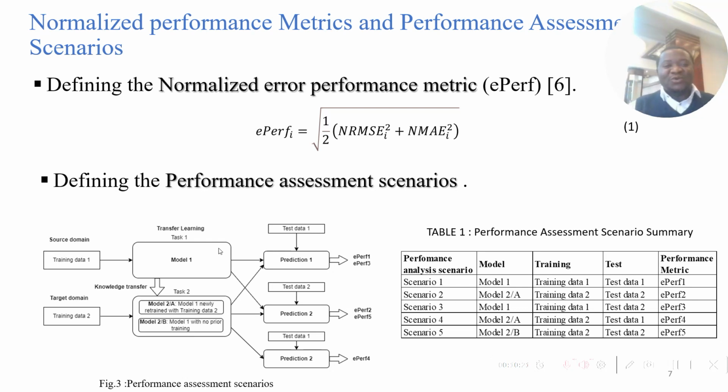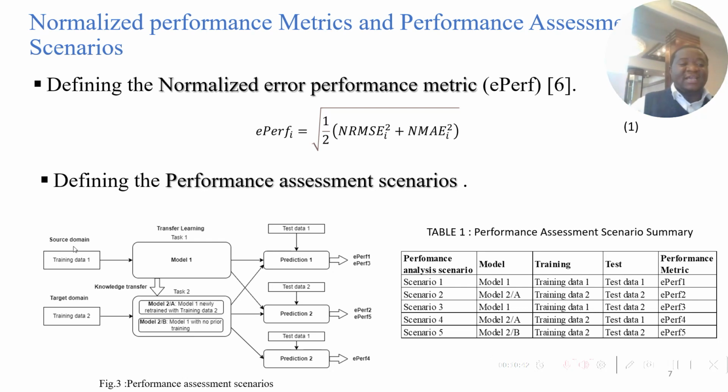Now, let me explain what we call performance assessment scenarios. We've got 5 performance assessment scenarios. The first is where we have model 1, and we are training it with data from the source domain, and testing it with data from the source domain.